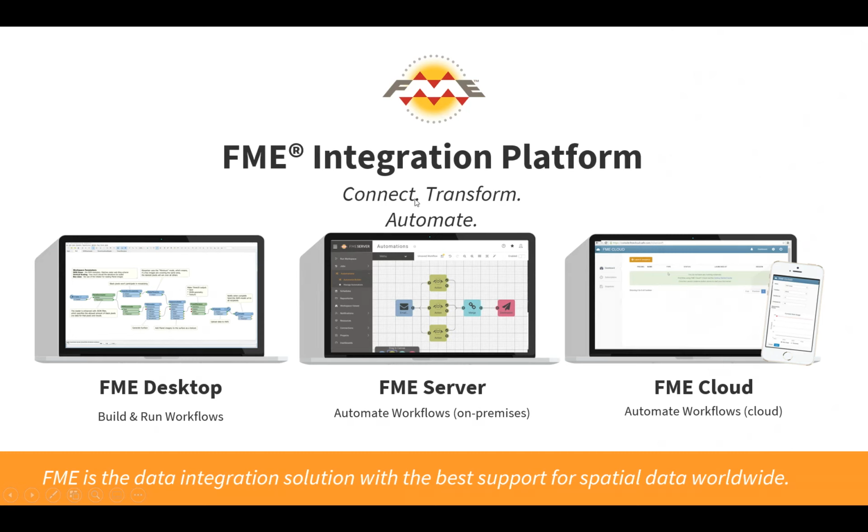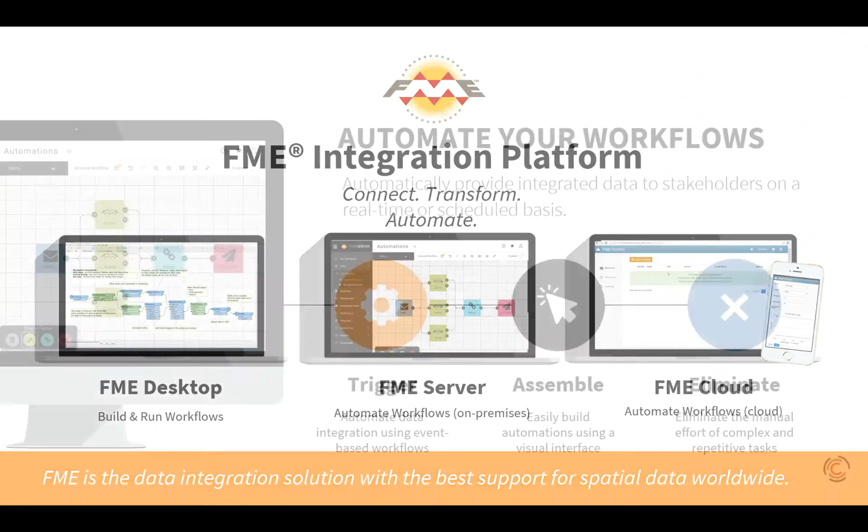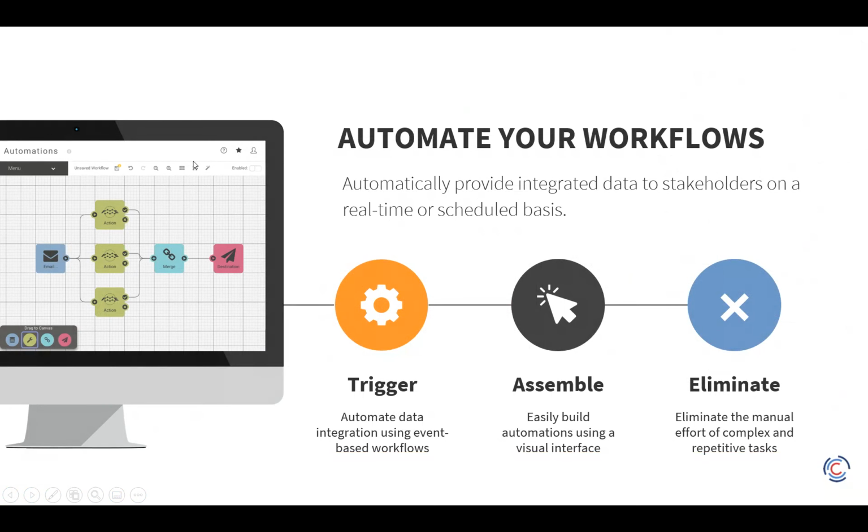While FME Server is on premises, FME Cloud is on the cloud. Today we're focusing on FME Server, and we're looking at the classic schedules and schedules as they are found within automations. Just a little refresher on automations: there is always a trigger. The trigger could be a schedule, like we're going to look at, or something else, like FME Server receiving an email or a directory watcher.